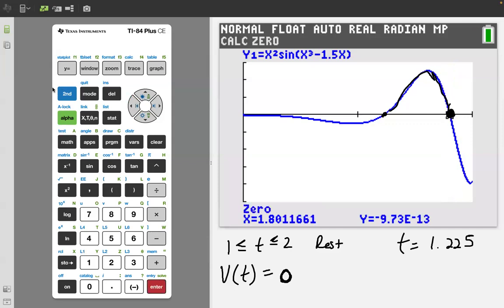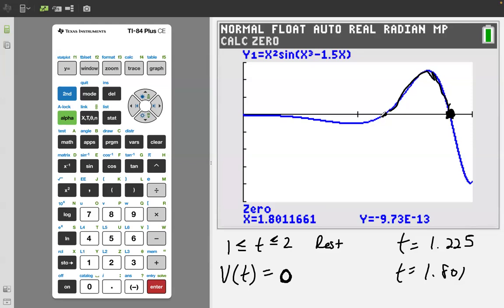Enter. And there it is, our other 0 or x-intercept or time when the velocity is 0, meaning the bug is at rest, is 1.801. Okay, so 1.225 is here, 1.801 is here. That is question B.